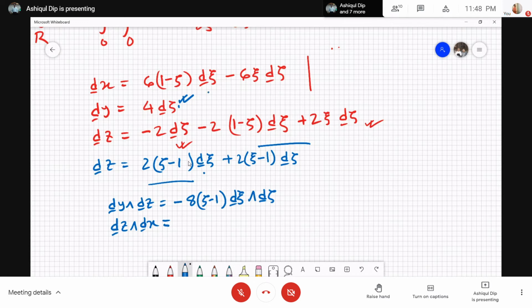Okay, so what's that? It is 12 xi (zeta minus 1), or 12(1 minus zeta). Which way are we doing? d xi with d zeta. Tell me if it is correct or wrong.